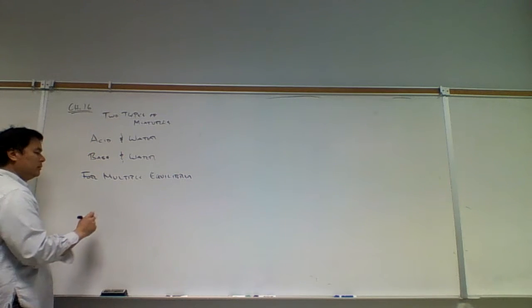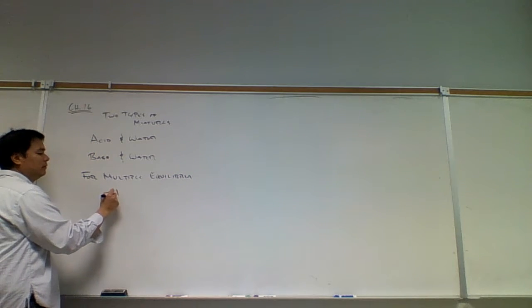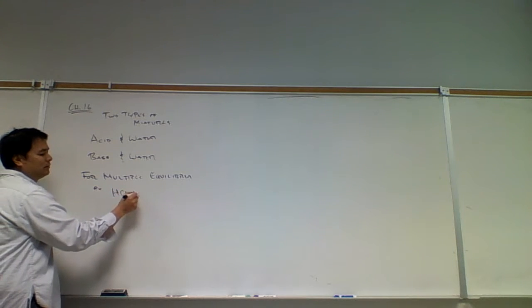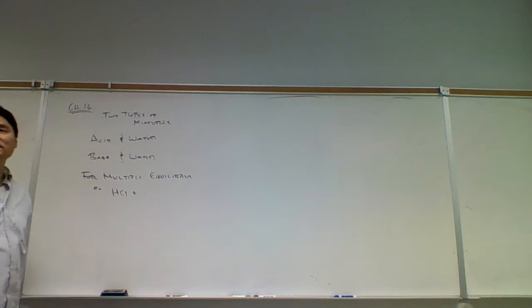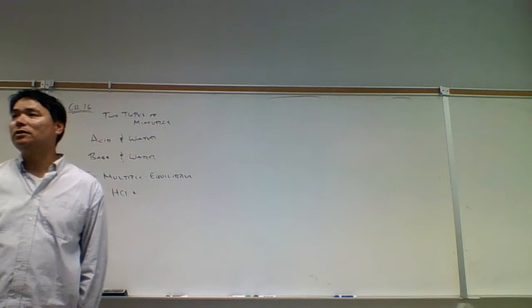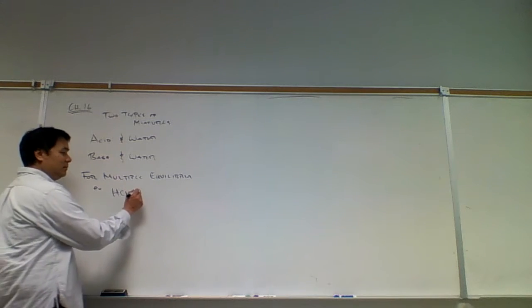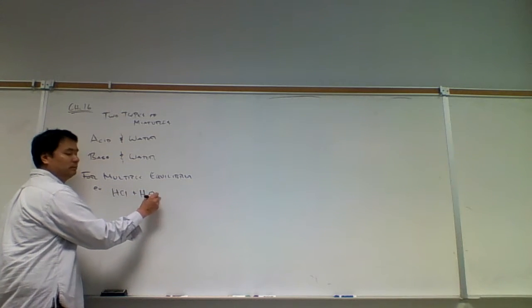The multiple equilibria is the acid. You know, an example would be HCl. If we have HCl, the first equilibrium, HCl is a strong acid. Are there any bases around that HCl can react with? Yeah, it's tricky. The base is actually water.